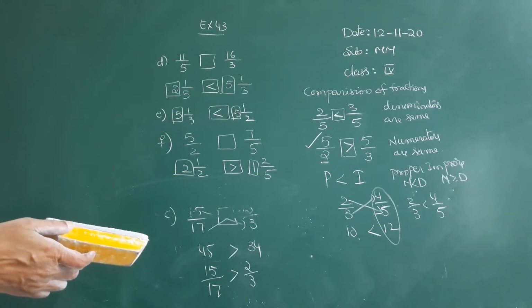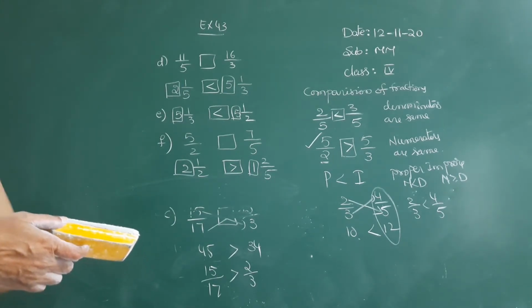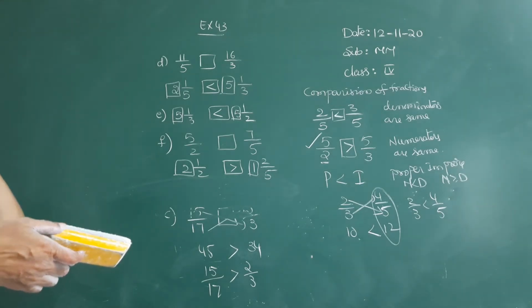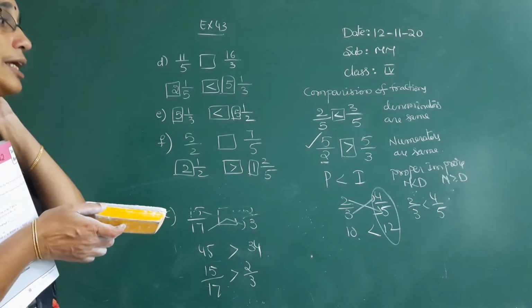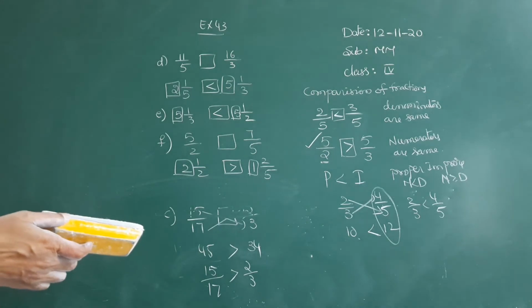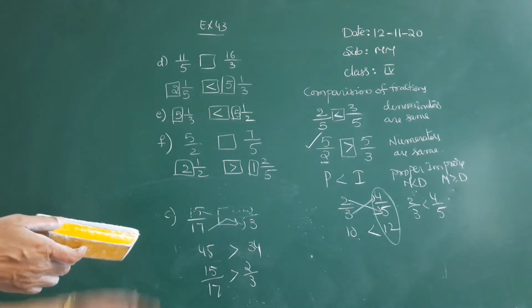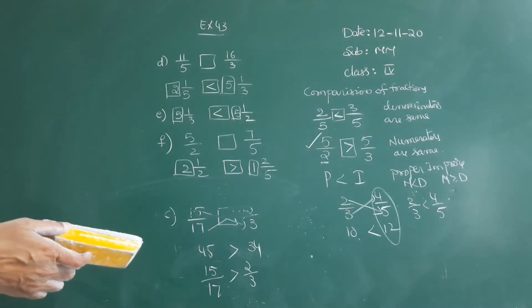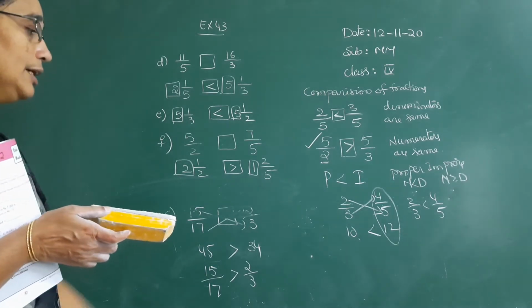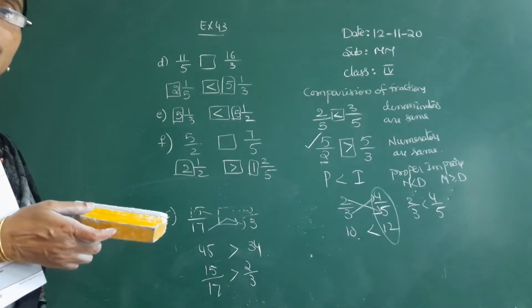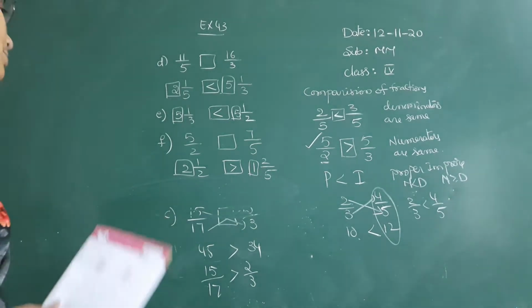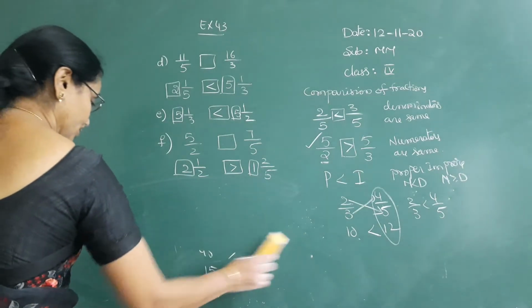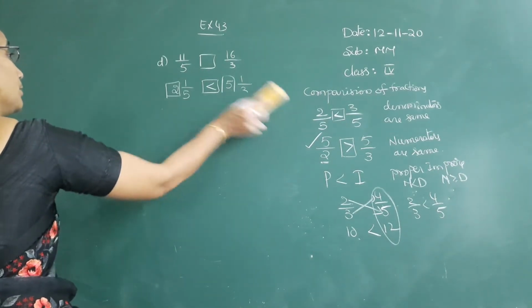Proper fraction definition: numerator is less than the denominator. Improper is numerator greater than or equal to denominator. Other than these three cases, that means numerators and denominators are different, by taking the cross products, which cross product is more, that fraction is more. Okay, see the next problem.